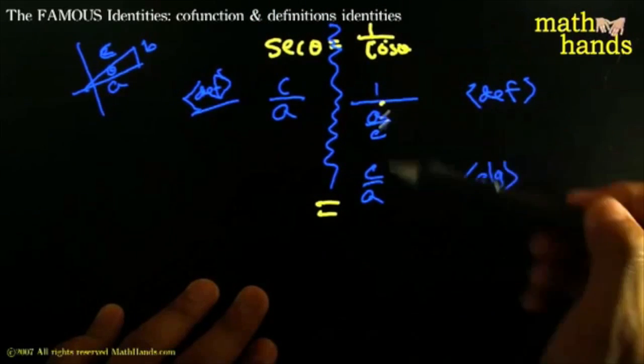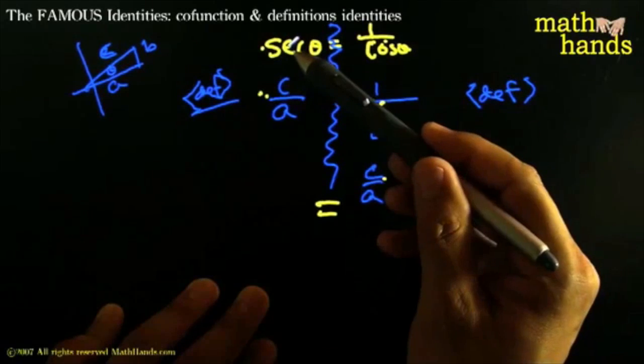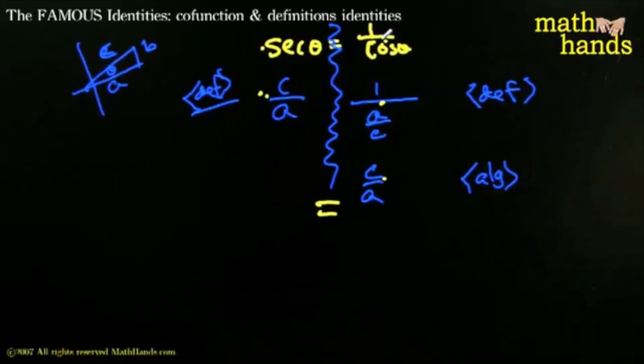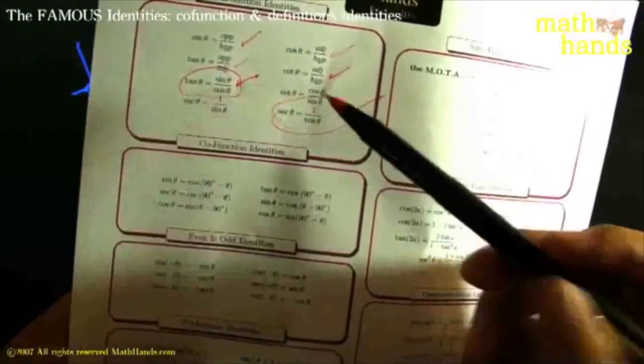This equals that, and that equals that, therefore, this one equals that one, and that proves it. And so you go to your little identity sheet, and you put a little check mark there and say, hey, I own that one already. Okay, I'll let you finish these other ones, the ones that don't have a check mark.